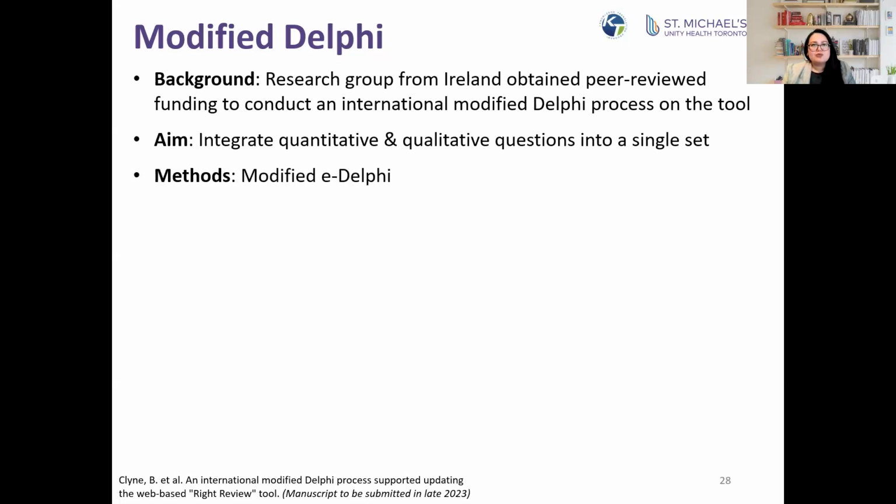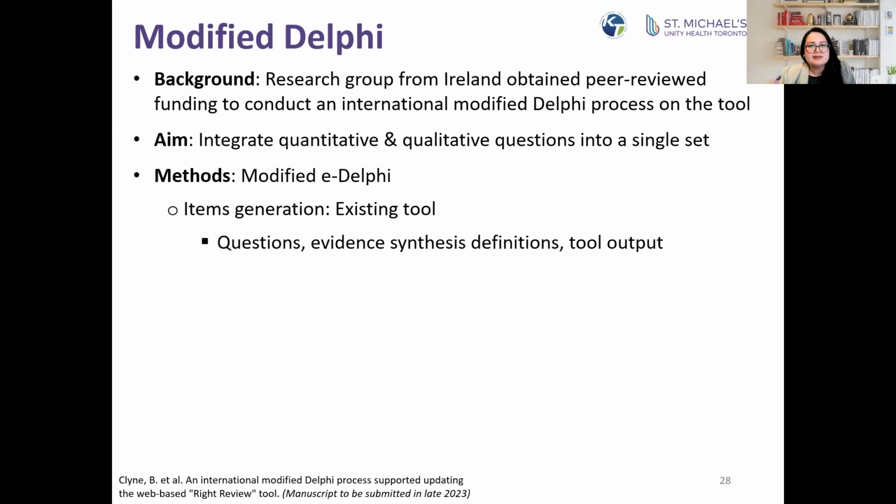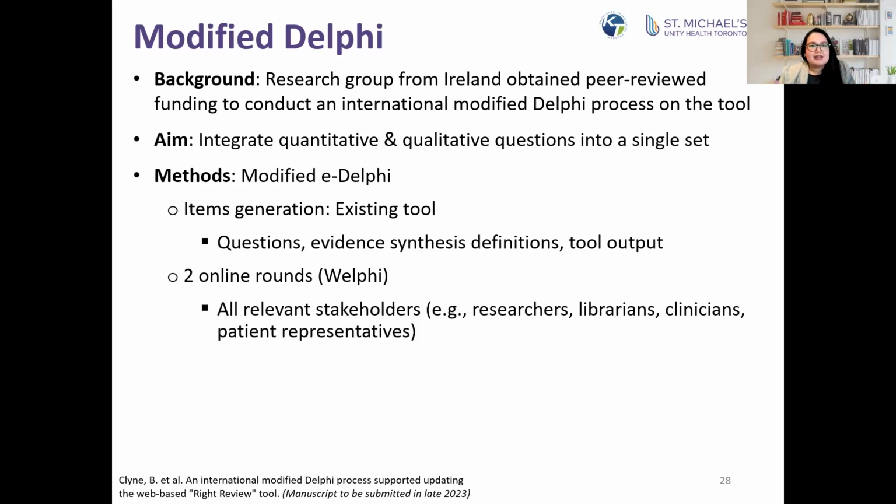The methods for this was a modified e-Delphi, where the items were generated from the existing tool, so tool questions, the evidence synthesis definitions, as well as the tool outputs. There were 2 online rounds using WelphI, which is just a Delphi platform. Relevant stakeholders were invited to rate each item for importance or clarity.